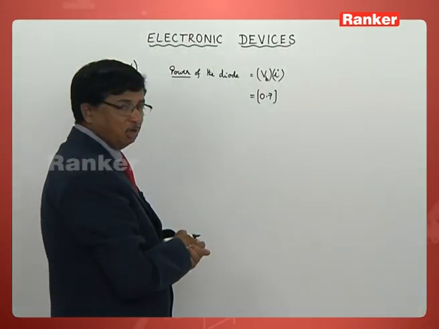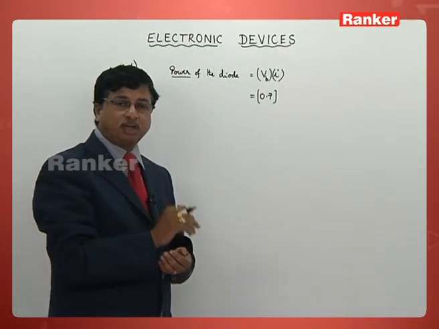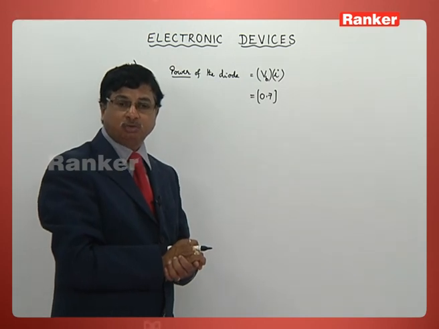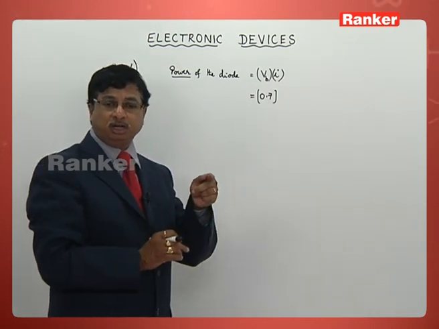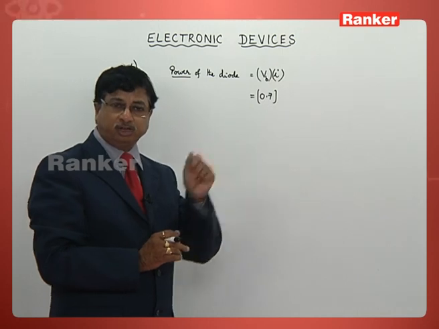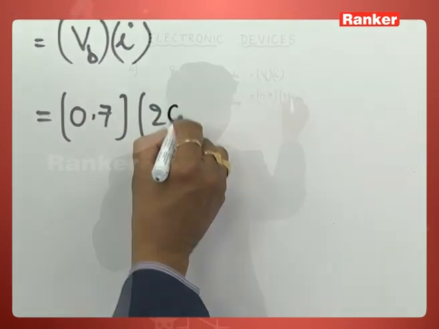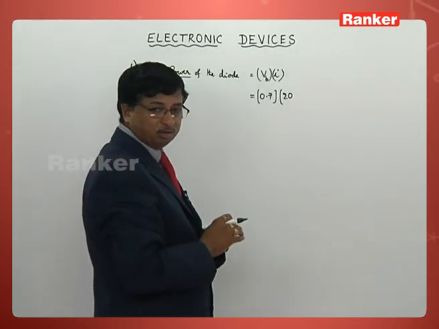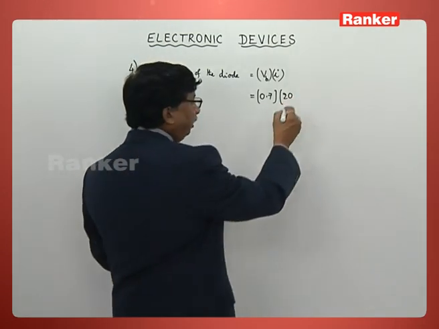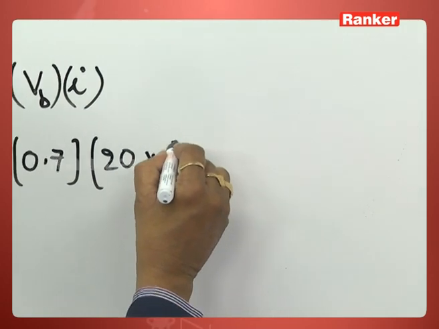Fine. What is the amount of current that is passing through the diode? 20 milliampere current passes through the diode, he said. So take that value as it is here, 20 milliampere. You can directly write this as 20 into 10 power minus 3.